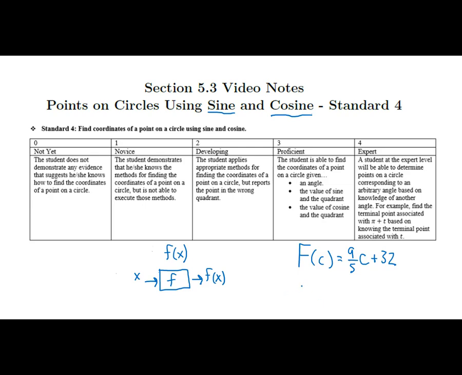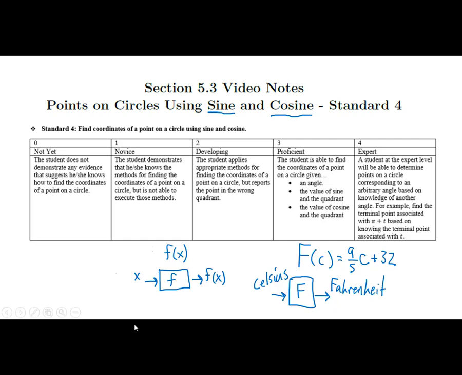So what does this capital F do, right? It takes its inputs, which are Celsius temperatures, and it spits out something completely different. Spits out Fahrenheit. All right?